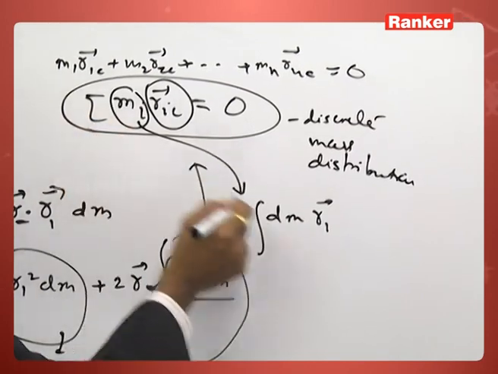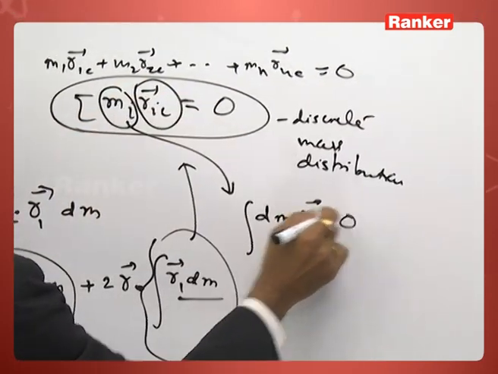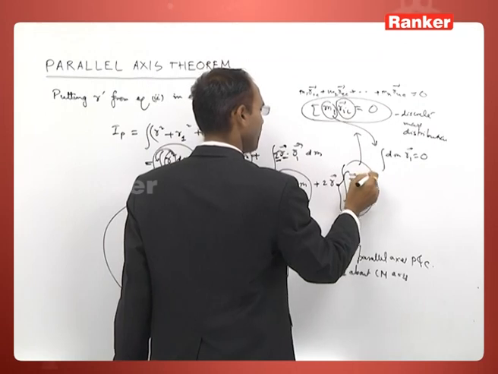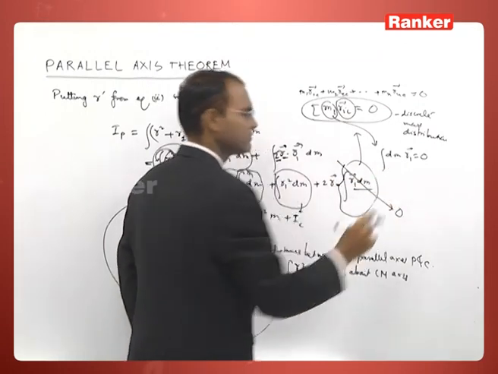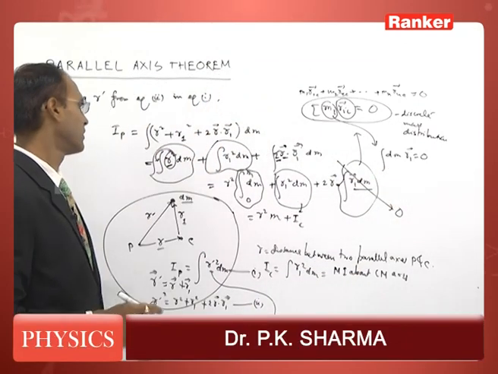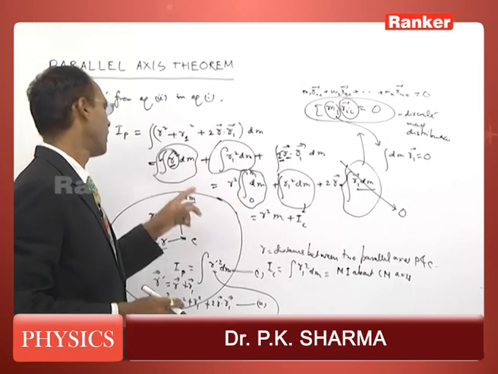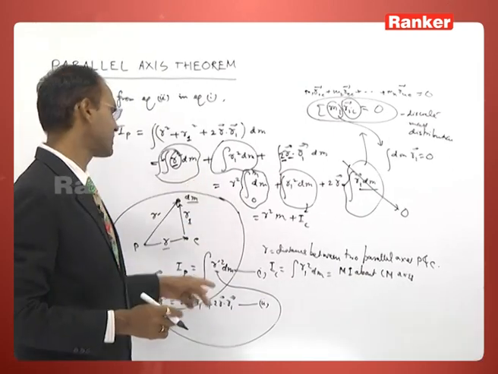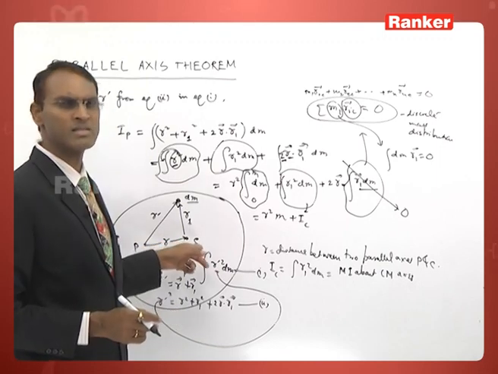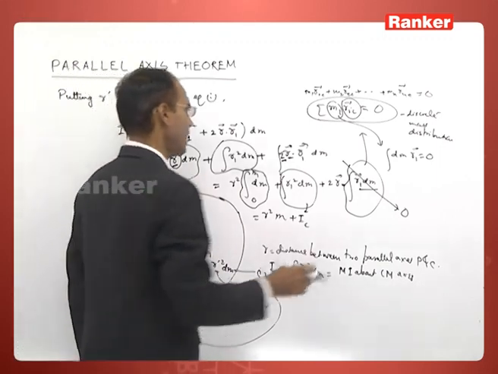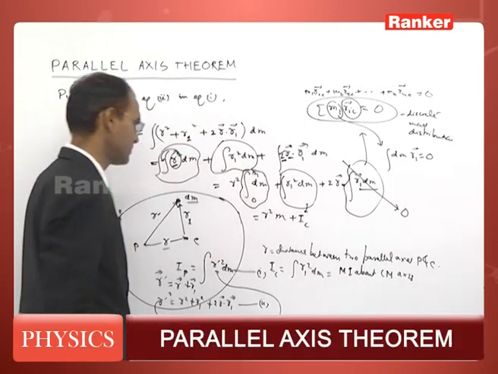Instead of summation, we can write integration will be equal to 0. Therefore, this term will vanish. Sum of the first moment of the elements about the center of mass is always 0. That is a property of center of mass.